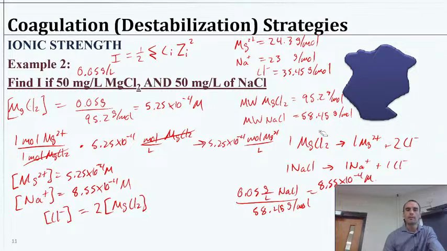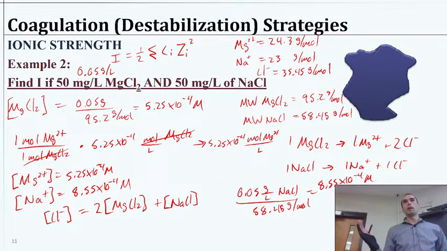So that's where I'm going to say 2 times the concentration we found there, plus 1 times the concentration of NaCl. That would be the easiest way to think about it. So if you were putting in 2 different numbers in your ionic strength equation for chloride, you were doing something wrong. You have 1 concentration of chloride. Okay?